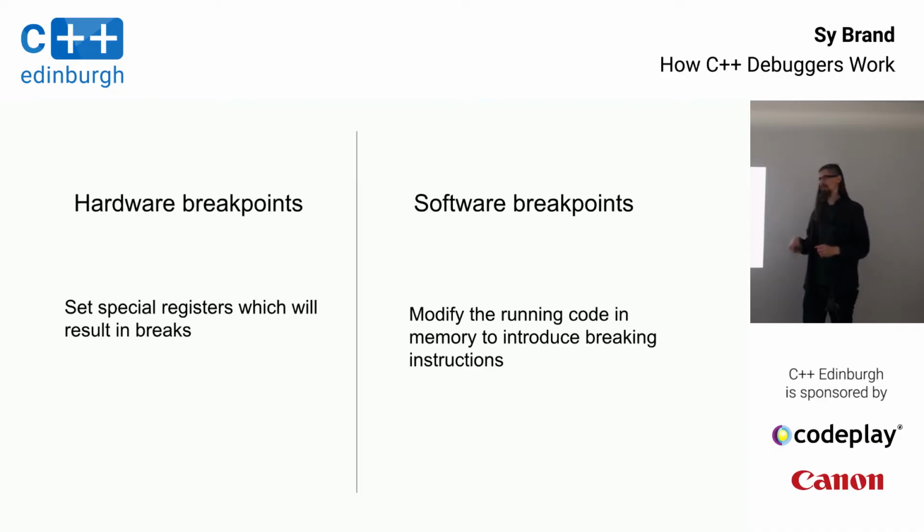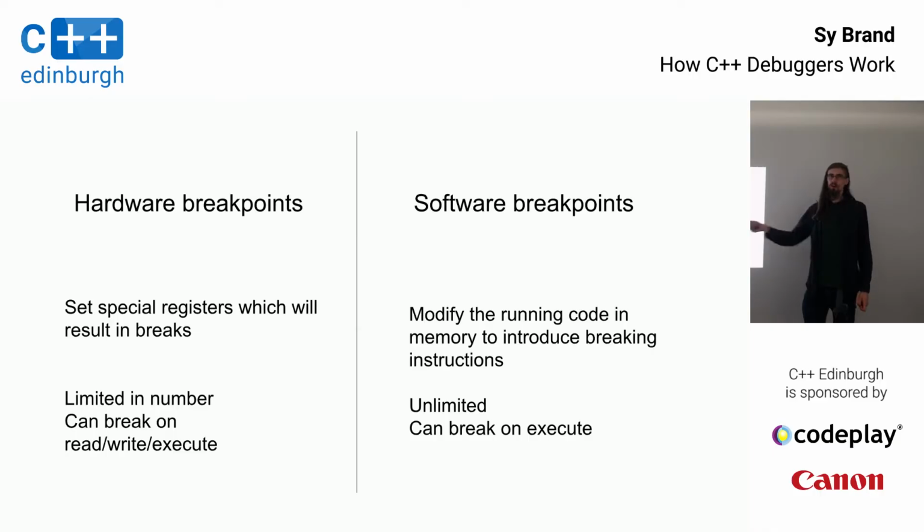They work quite differently on different architectures. Software breakpoints mostly work the same on different architectures, just the details are different. But essentially you modify the code which you're actually executing in order to introduce instructions which will cause a breakpoint to be triggered. I'll show you some examples of this later.